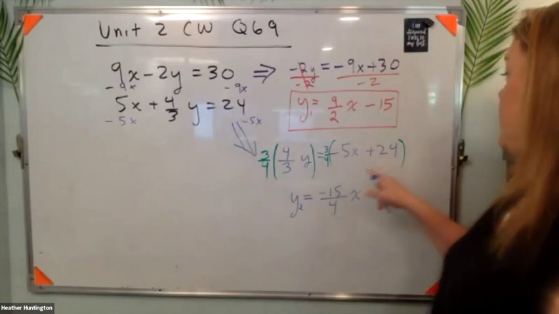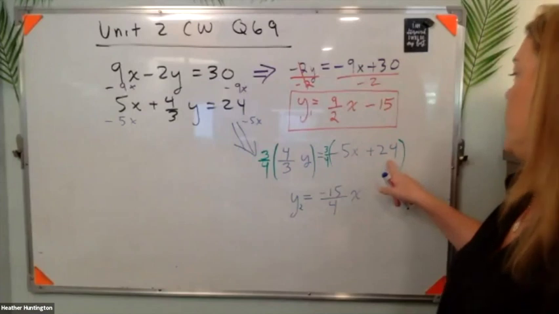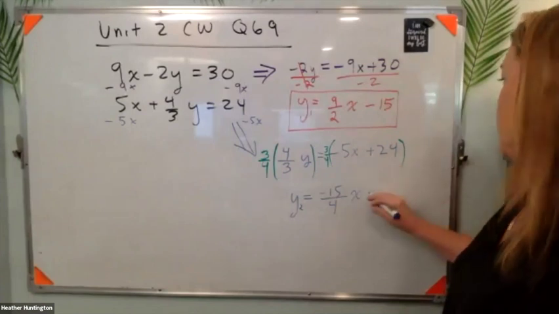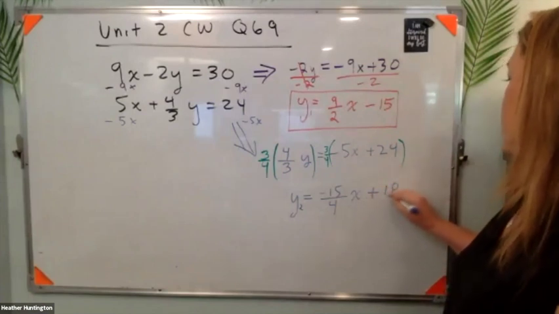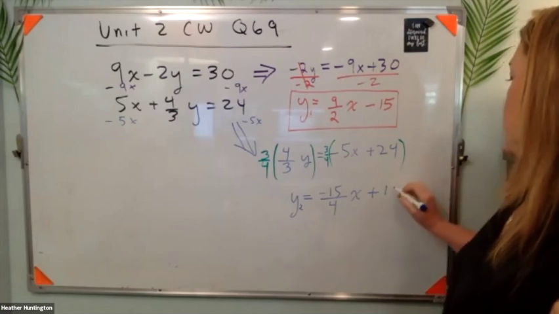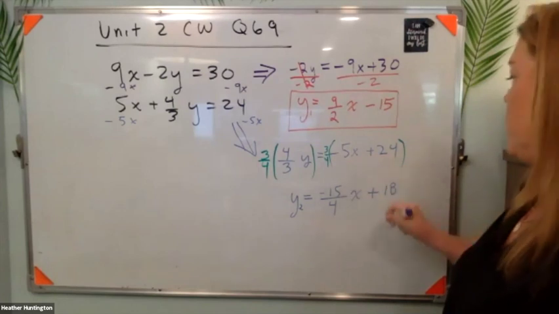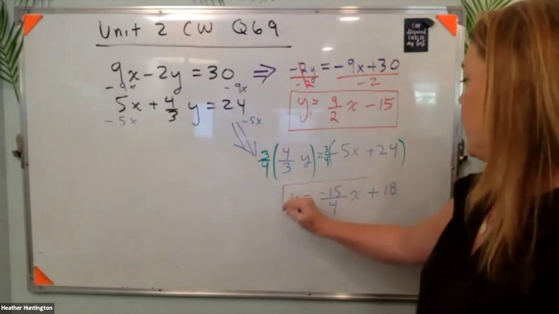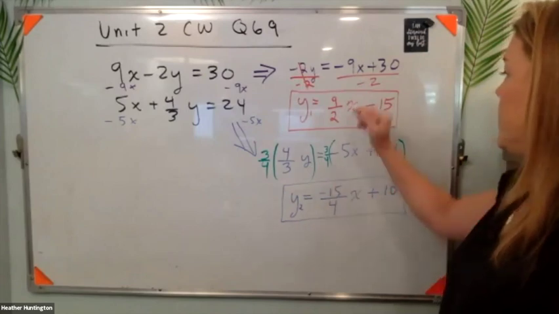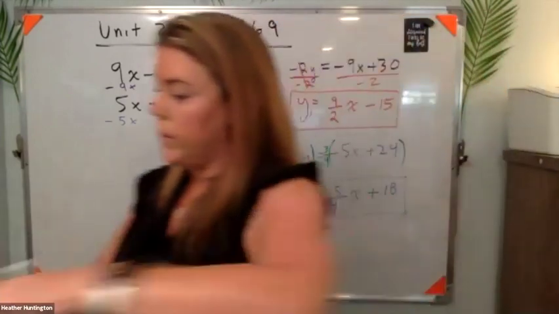And then we have 4 goes into 24 6 times. 3 times 6 is 18. So you get 18 because it's 3/4 times 24. So let's graph both of these lines in our calculator.